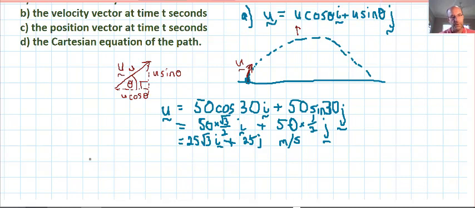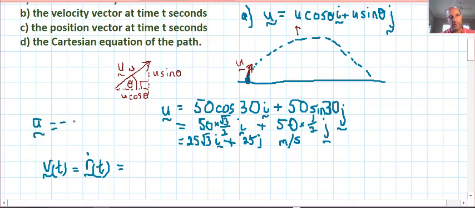In part B we've got to find the general velocity vector, so that's v of t, or if you like r dot. We have to go from what we know, and the thing we know is that a equals negative g j, or we could use 9.8 instead of g if you like, but the cool people tend to go with g.